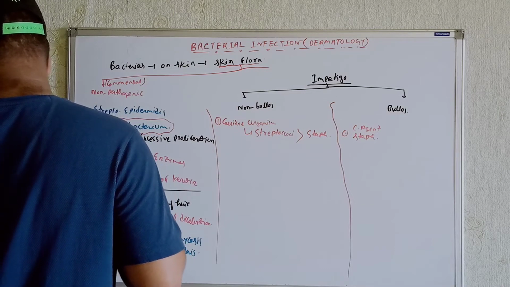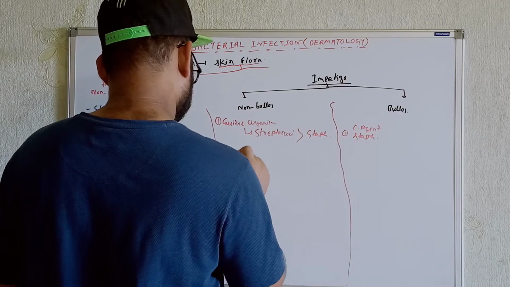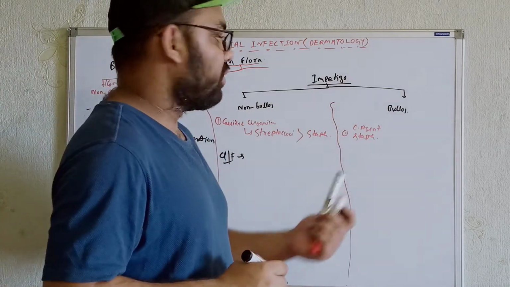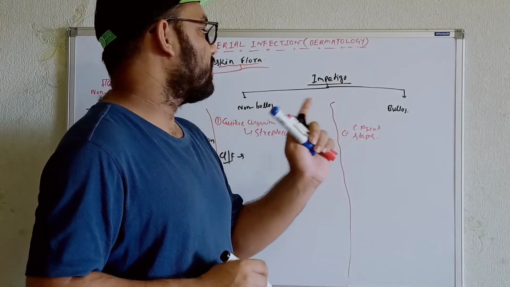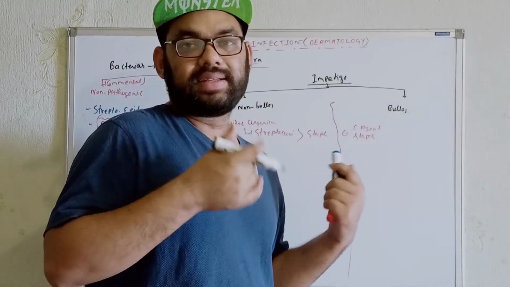Now, let's talk about the clinical manifestations, whatever problem we'll get. Basically, wherever we're talking about the non-bullous or bullous impetigo, we'll see it in children, and the most commonly affected site will be the face.